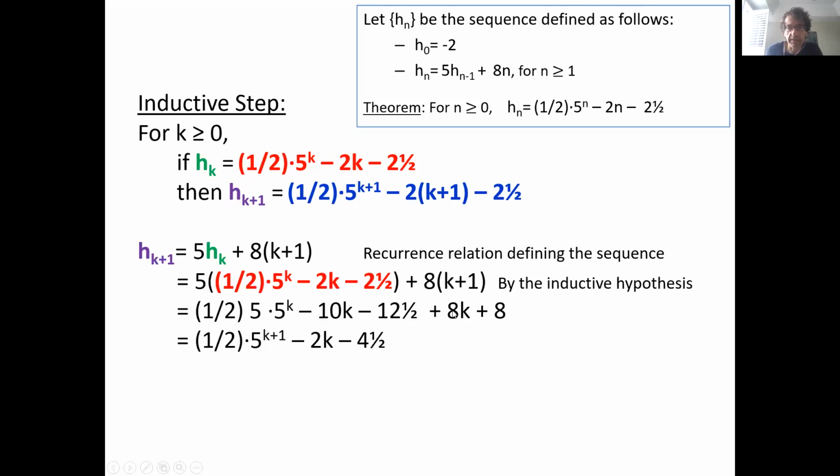So minus 10k plus 8k came here, minus 5 times 2, 5 times a half, so that's minus 12 and a half, 8k here, and 8, so it's minus 4 and a half. But why? Because I need here to be minus 2 times k plus 1, right? So I'm going to put 2 here. This 2, I'm going to kick it out, put it over here. So that's where it is.